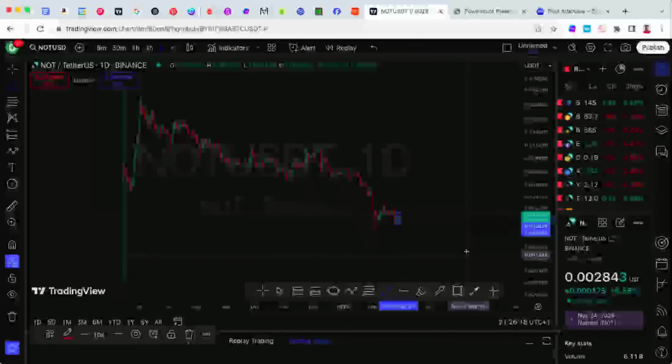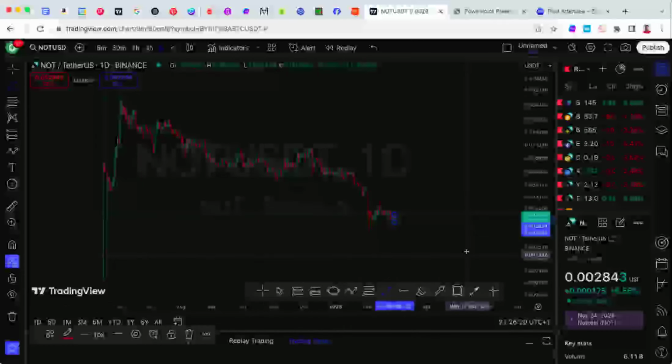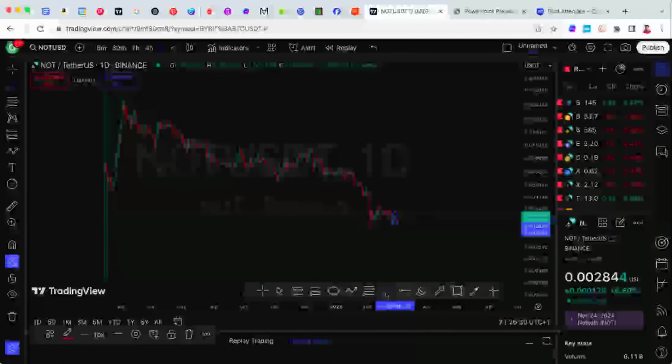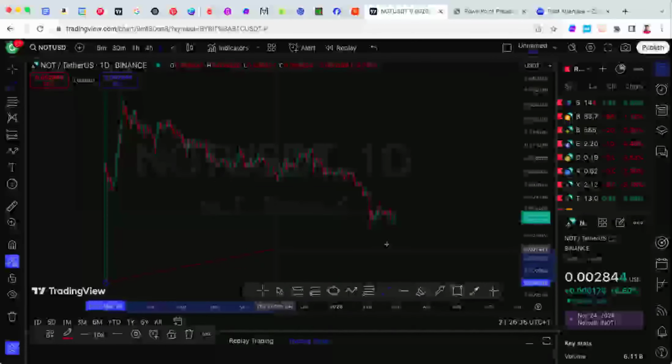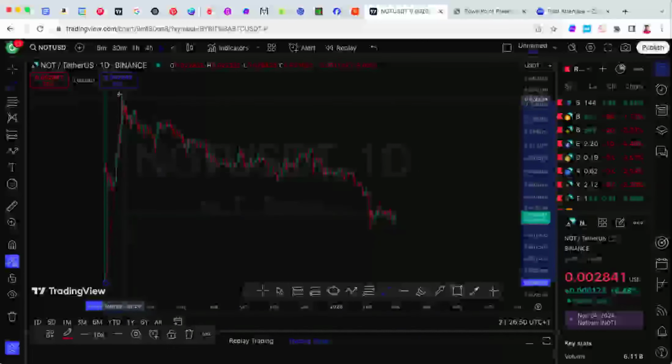So in the bigger time frame, we can see that from here in the daily chart, Notcoin is actually still bearish, right? Still very bearish, because why? If you drew the trend line from here to here, when it started, the price, when they listed it, started from here. So it came up here, right?